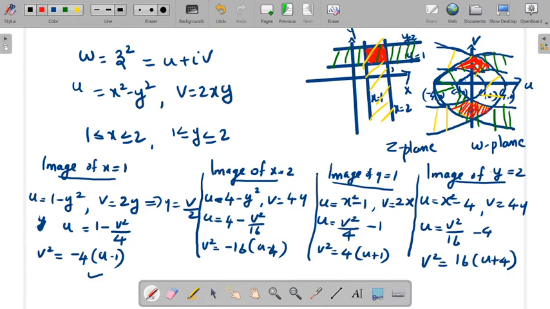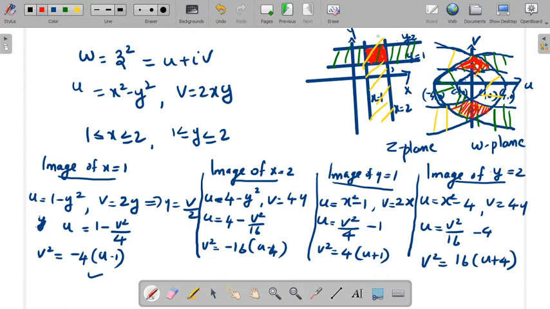So this will be the image of the rectangle 1 ≤ x ≤ 2, 1 ≤ y ≤ 2. So what we have seen is you can find the image of curves, points, regions under the map W equal to z square, or generally under a complex map like this.